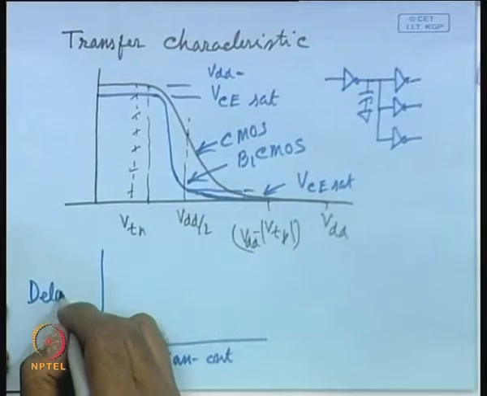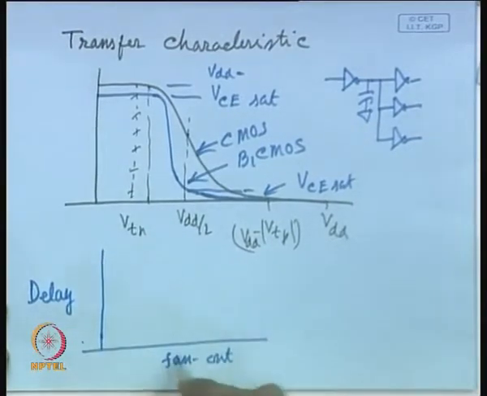So, you can do an experiment. You can study the switching characteristics for different values of load capacitance or different values of fan out by adding one gate, adding another gate, adding another gate, then you can measure the delay. So, on this axis we shall be measuring the delay, and here it is fan out.